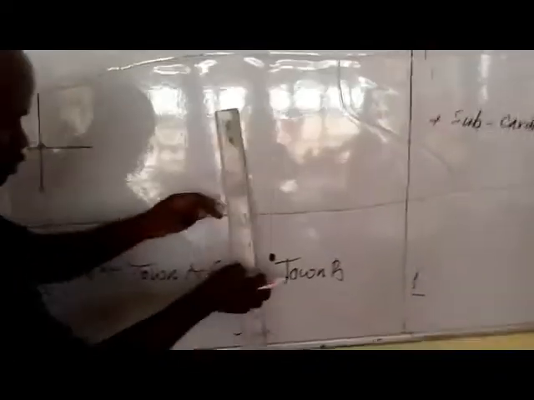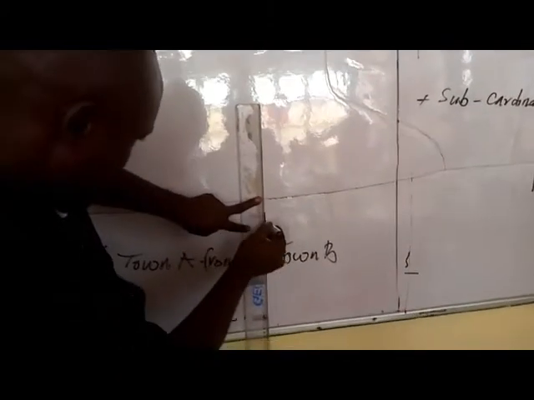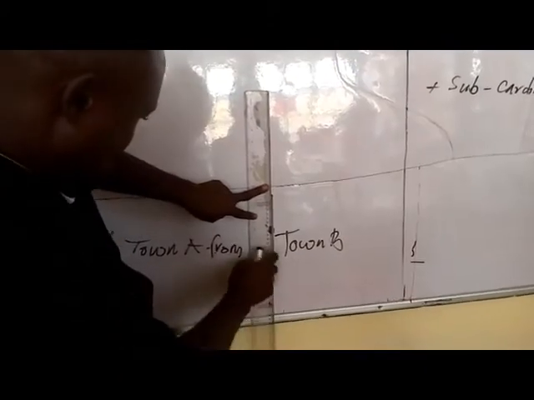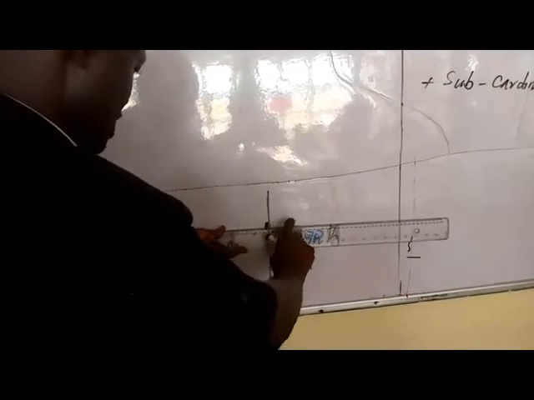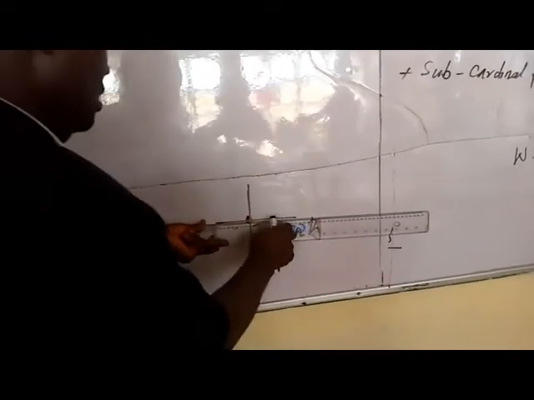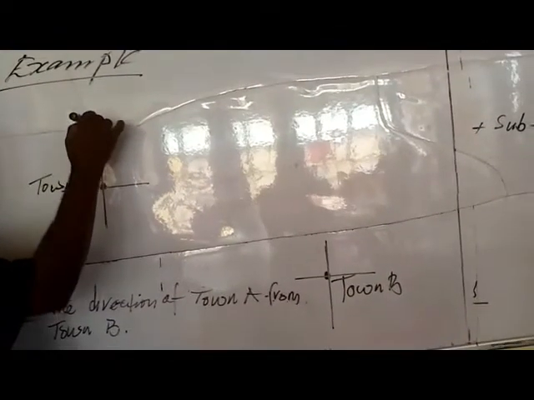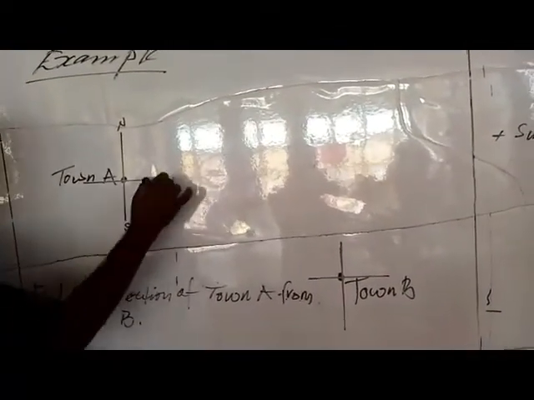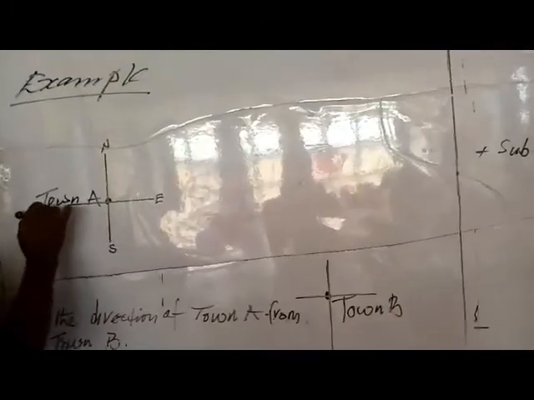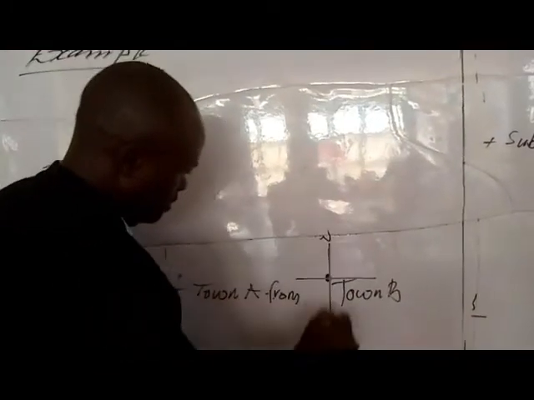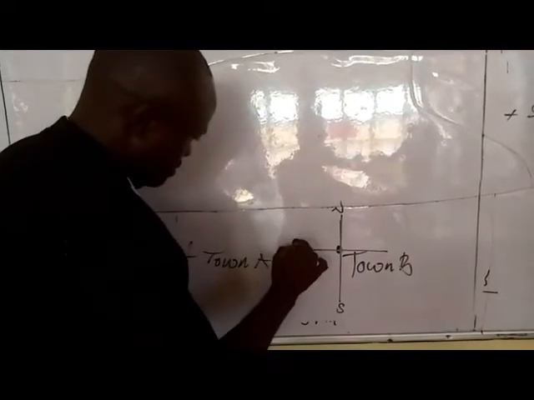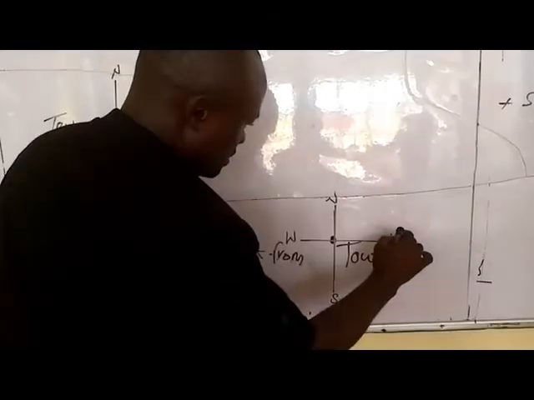The same thing applicable to town B. The same thing applicable to town A and B. What next now? You will equally identify north, south, east, west.